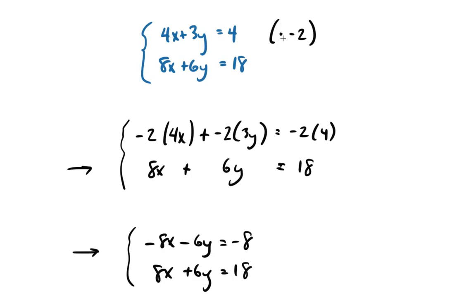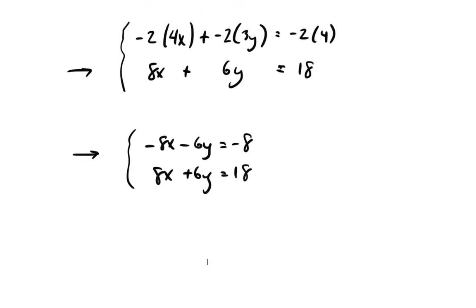By the way, I chose this negative 2 because I was just looking at the x's. Here I've got 8, so if I multiply 4 by negative 2, it will turn into negative 8, which is good because we want to eliminate one of our variables, either the x's or the y's. But what you might notice is, in fact, this eliminated both the x's and the y's. Right? Now we've got negative 8x to go with positive 8x, but we've also got negative 6y to go with positive 6y. So let's see what's going to happen here.